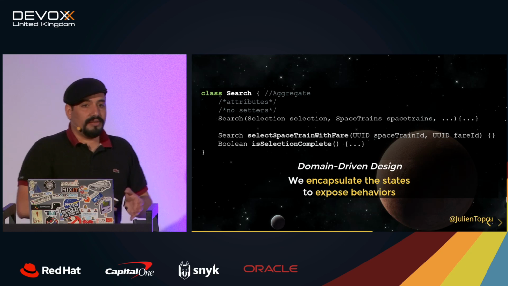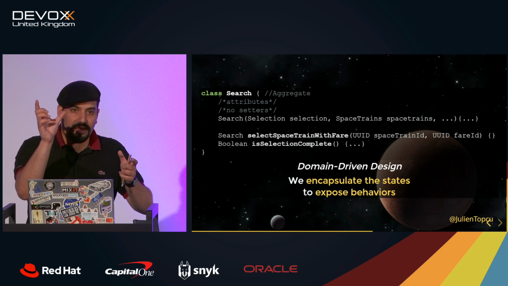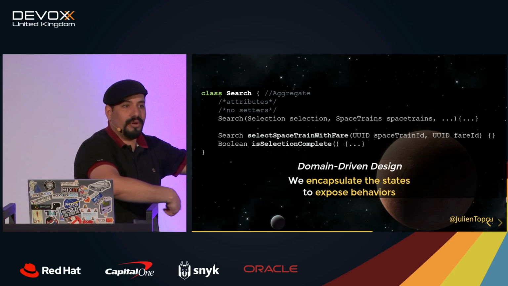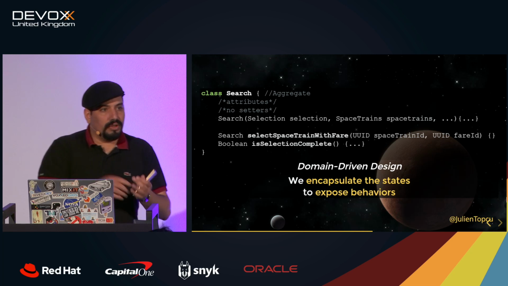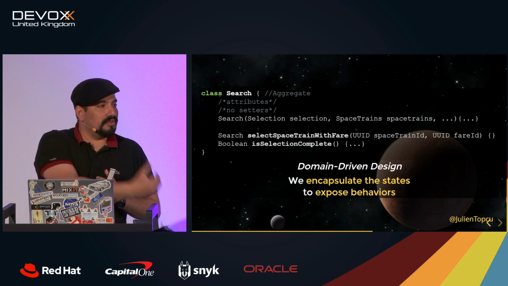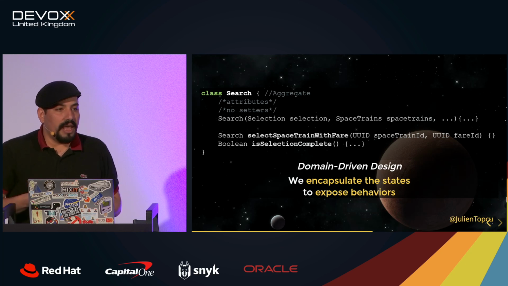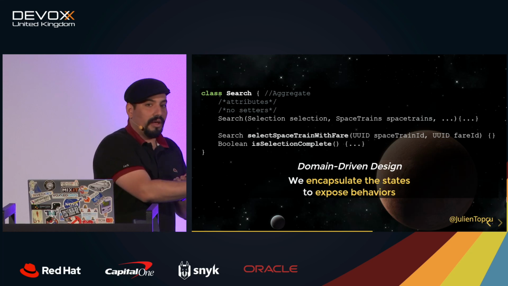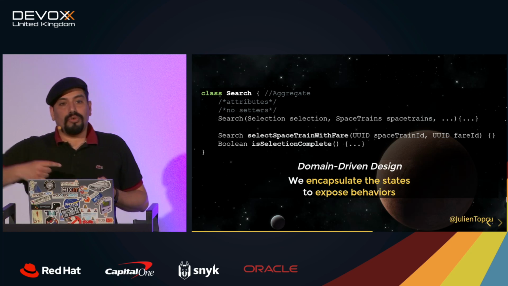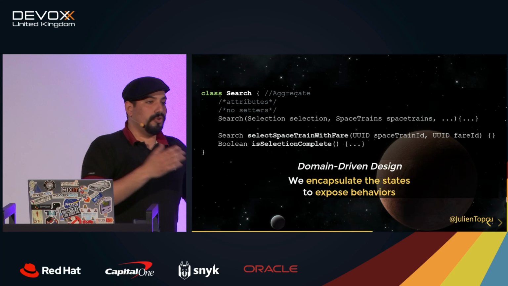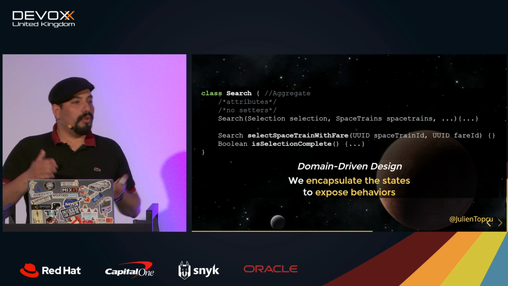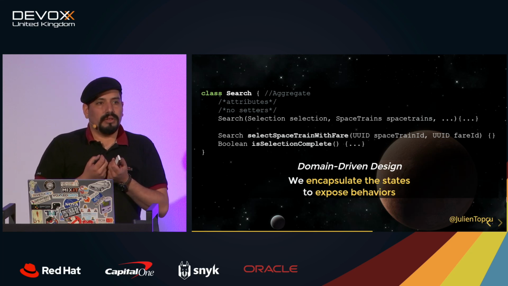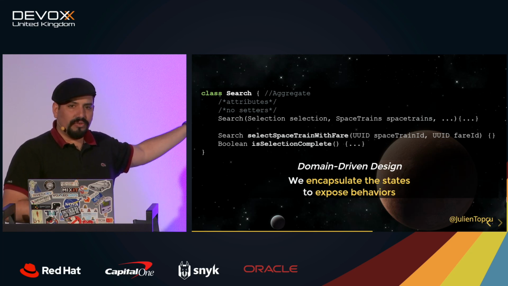If you only do that, you will have a search with criteria saying that he wants to go to Manchester, but you still have trains going to Leeds, right? So it means that your search is in an inconsistent state. And instead of that, you should expose a behavior, which is change criteria, which will also reset the space trains if the user wants to change his arrival or his departure. That's the concept of encapsulation. There are some people who develop that way.